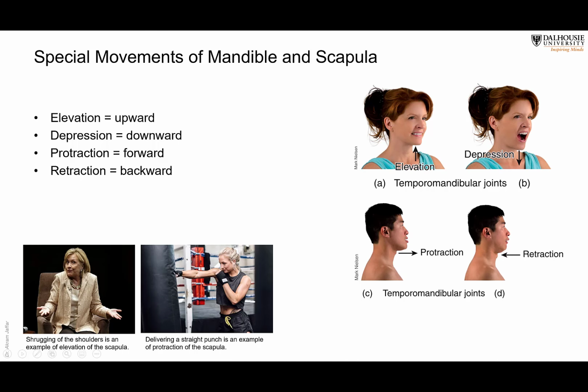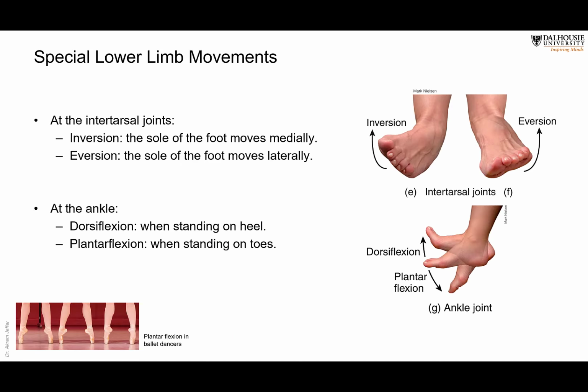Elevation of the scapula is like shrugging the shoulders to show uncertainty, then depression of the scapula, and retraction when the scapulae approach each other, or protraction when the scapula moves forward on the thoracic wall, as when delivering a straight punch. We call this protraction, like the protraction of the mandible. So these are special movements.